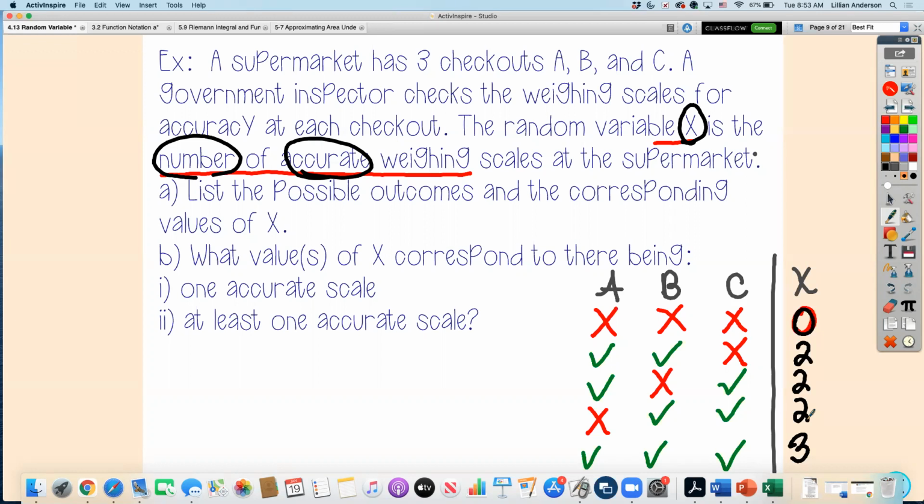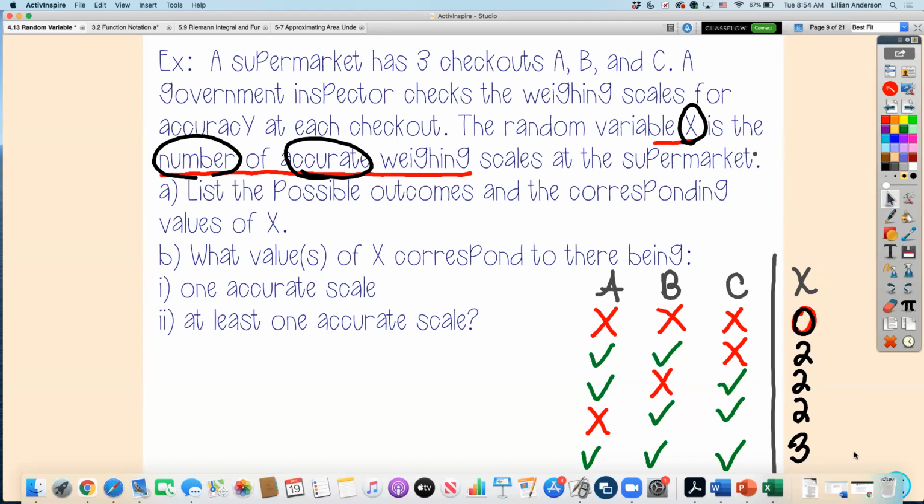Are these my only outcomes? No. Okay, what are some other outcomes that could happen? Only one of them could work. Yeah, only one of them could work.